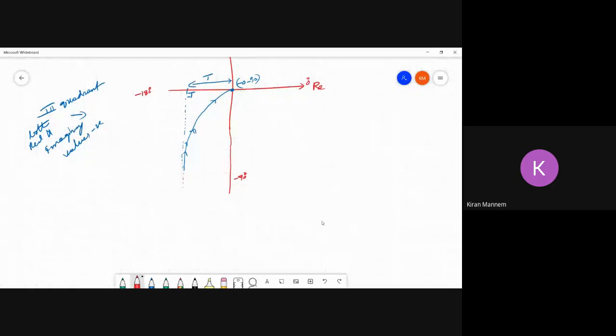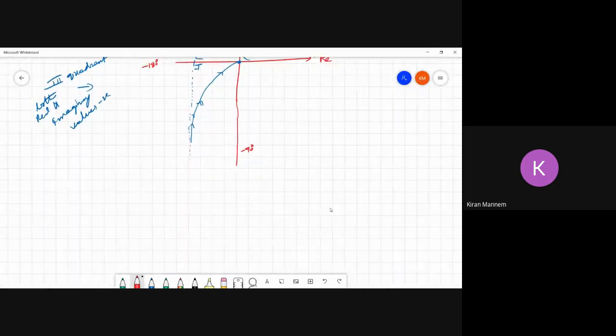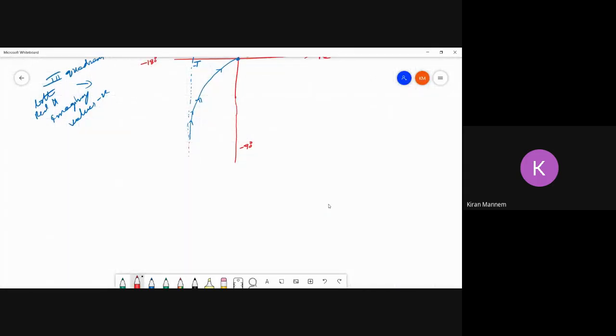Very simple drawing, this one, polar plots. Example number 3. Draw the polar plot for G(s) = 1/((1+s)(1+2s)).